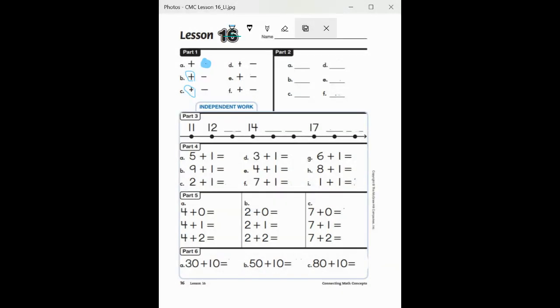Think. Did the table end up with more cookies or less cookies? Millie put 9 cookies on the table. Does the table have more cookies now or less cookies? Circle plus if it has more cookies. That's it for part 1. You should have this part completed now.